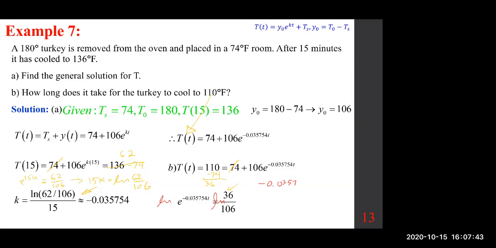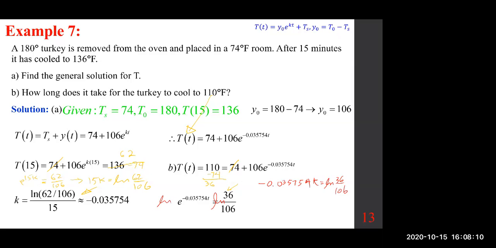Negative 0.0357544 t equals ln of 36 over 106. I didn't even simplify on purpose because I want you to see where the numbers are coming from. And of course, you can even say ln of 36 minus ln of 106.